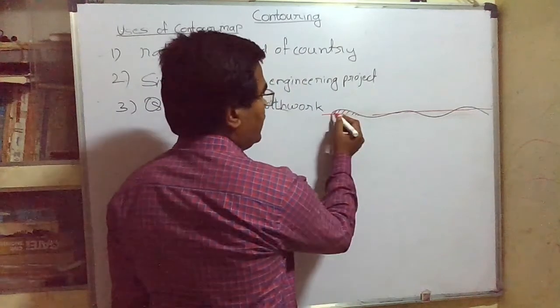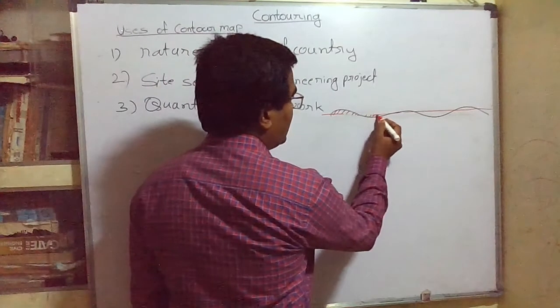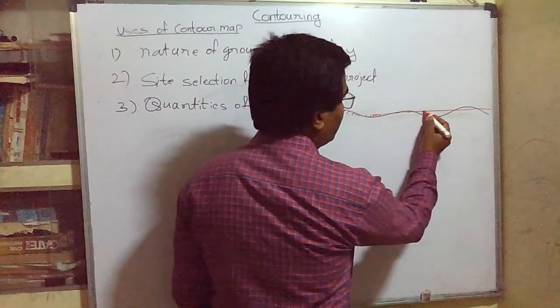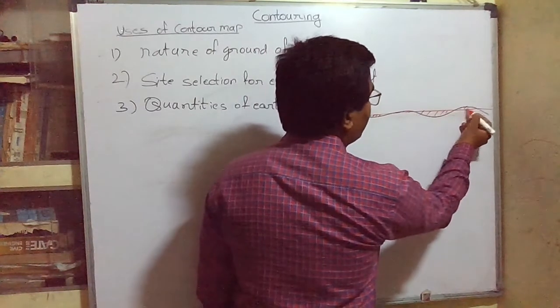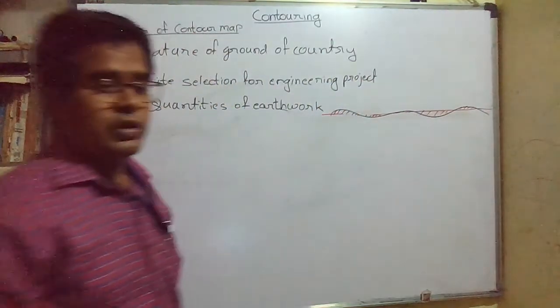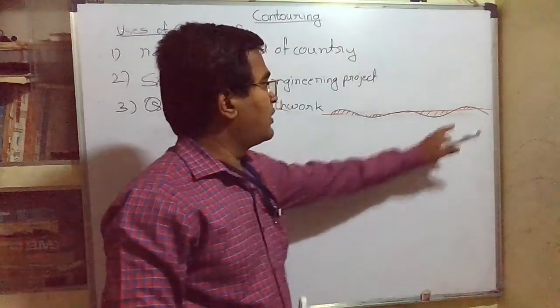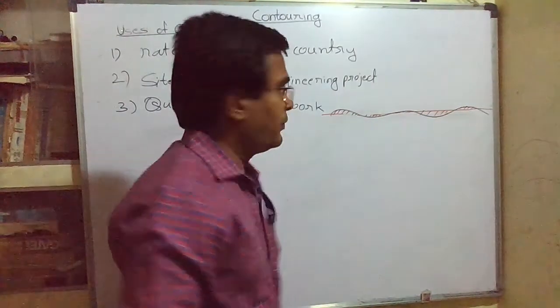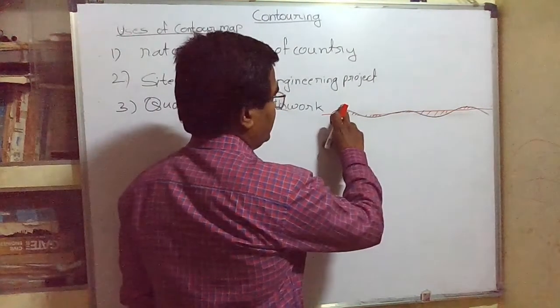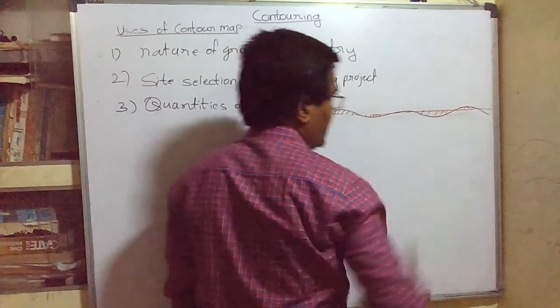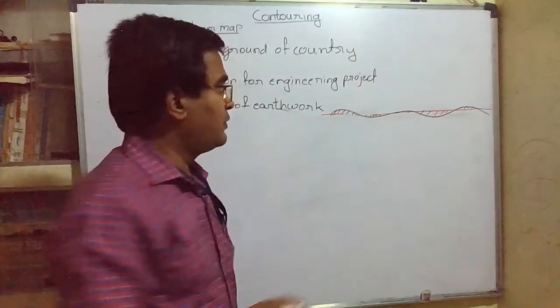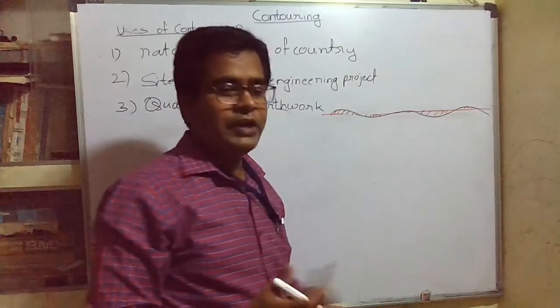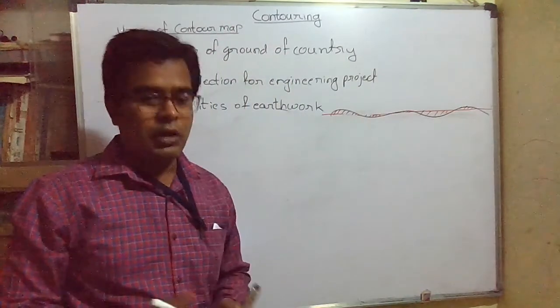Here we have to excavate, here we have to fill, again excavate here, fill here, and excavate here. These quantities of earthwork we can determine from the contour map. By the contour map we know the RL of these various points, and from the difference between these and our gradient we can easily compute the quantities of the earthwork.